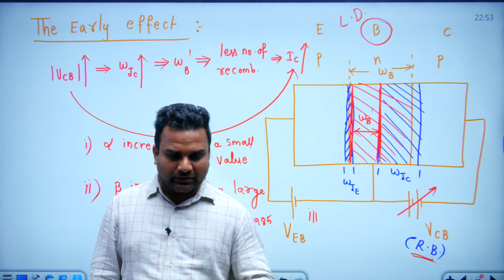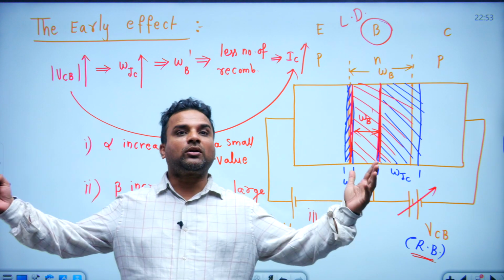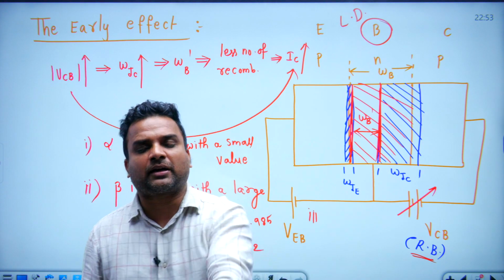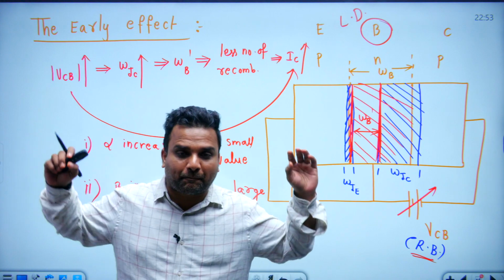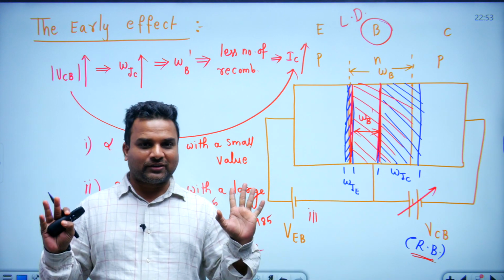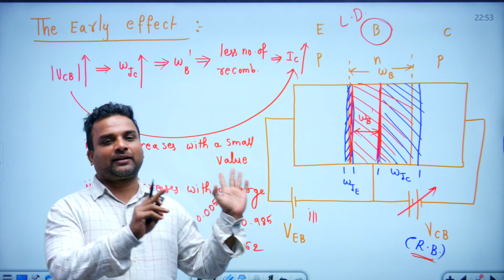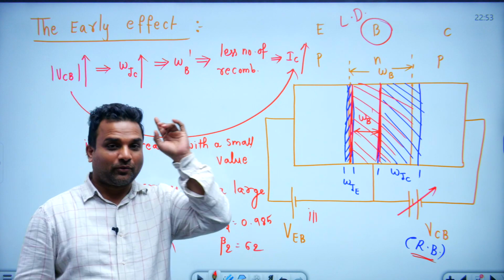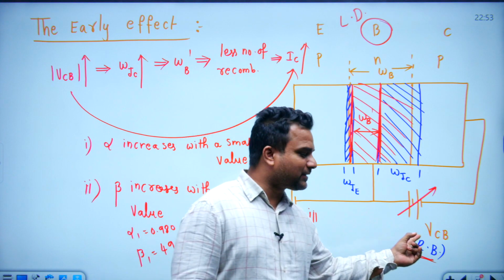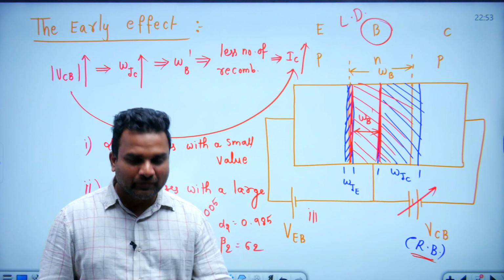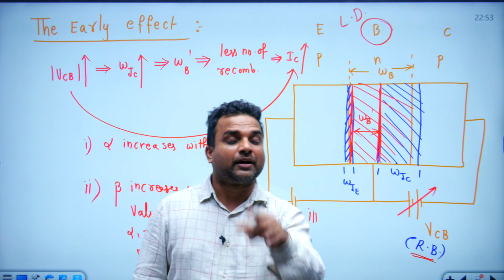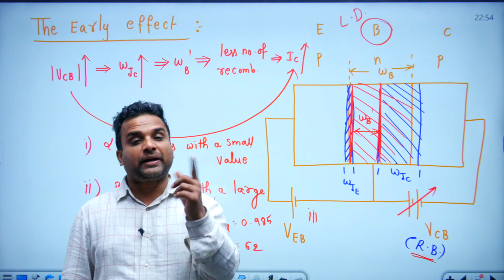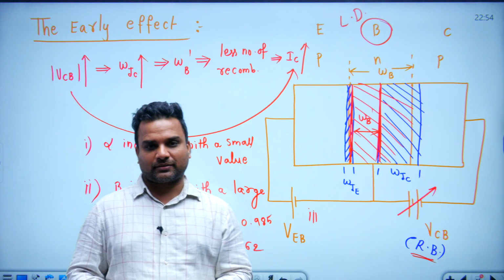As WB dash increases, you will get more recombinations, so you will get less output collector current, which must not happen. So we don't touch VEB. We concentrate on VCB only, because when you are increasing the VCB, WJC increases and WB dash decreases. Got it?